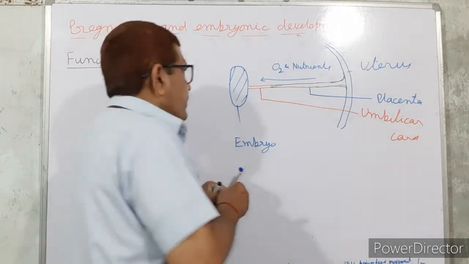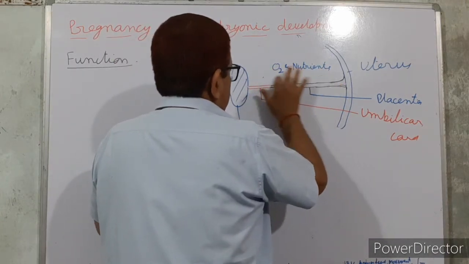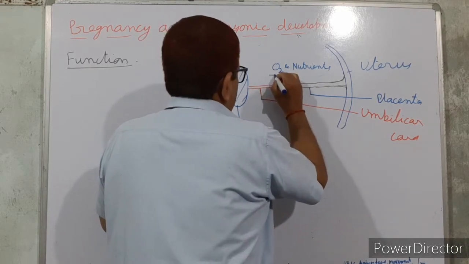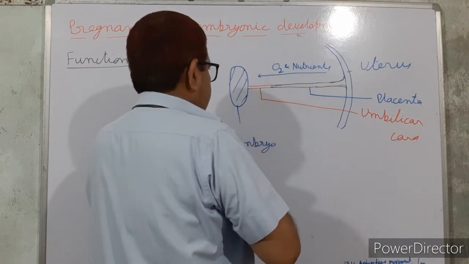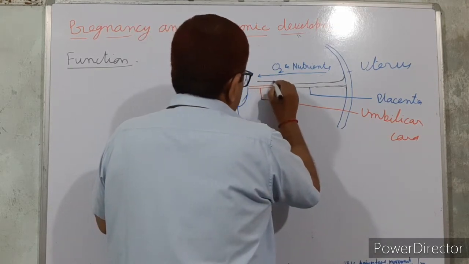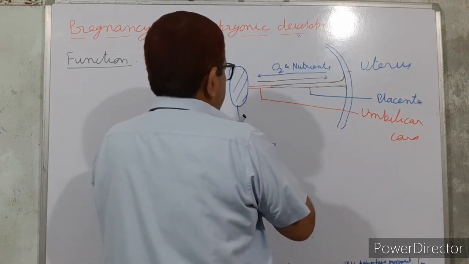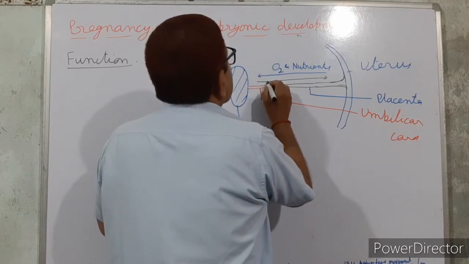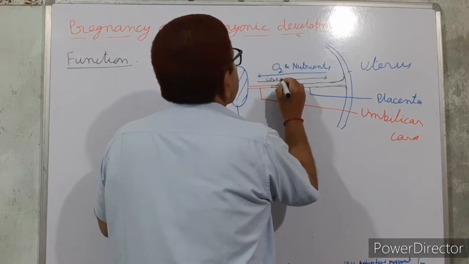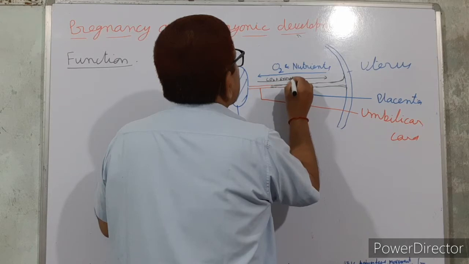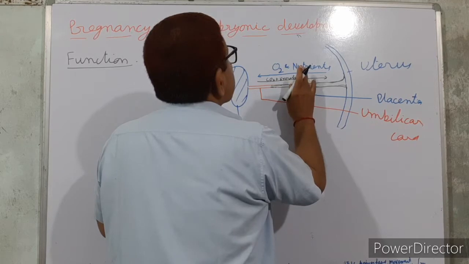In the same way, we can write here oxygen and nutrient. Other thing is carbon dioxide plus excretory substance.